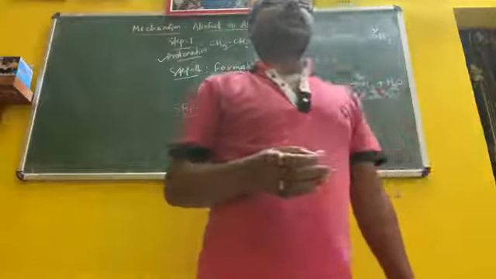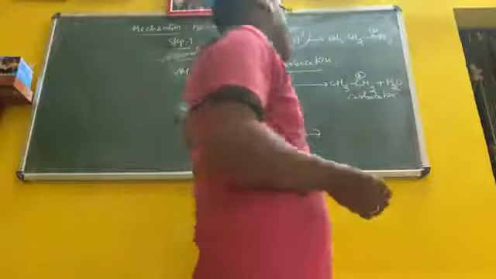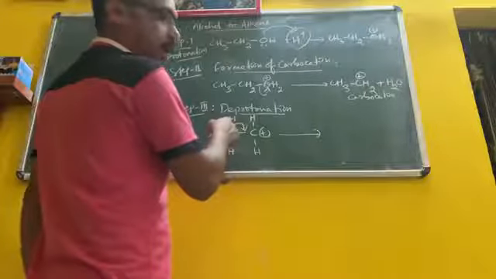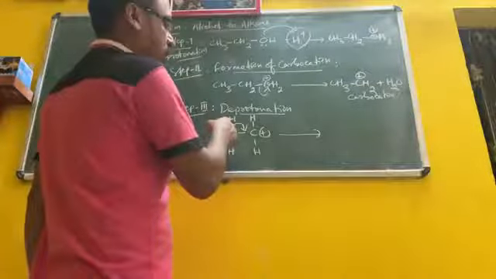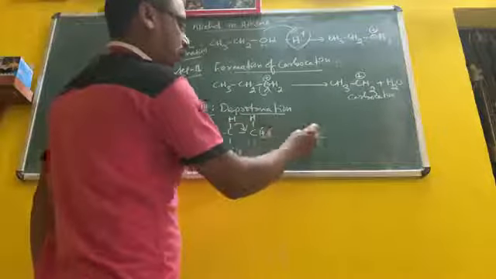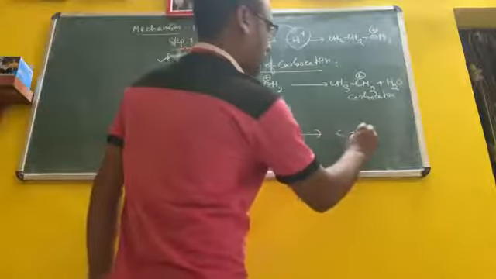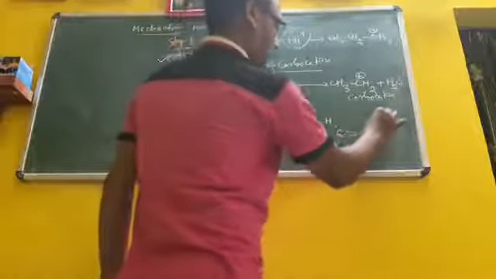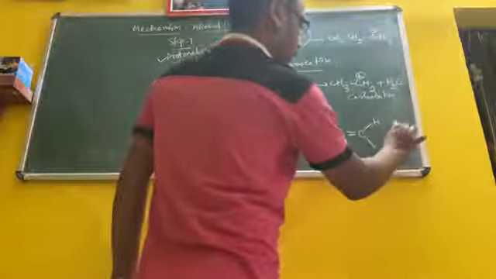In previous classes, in class 11, we have read that this is known as hyperconjugation. By hyperconjugation, the electron of the C-H bond on that carbon atom goes to the vacant orbital of this carbon. It will form a C double bond C, and H plus.